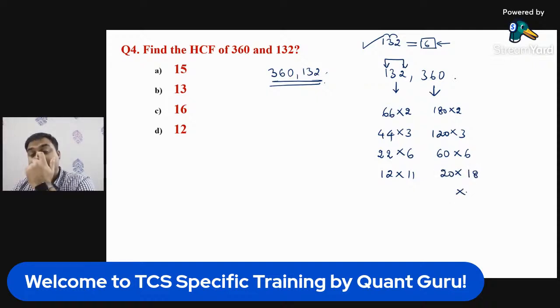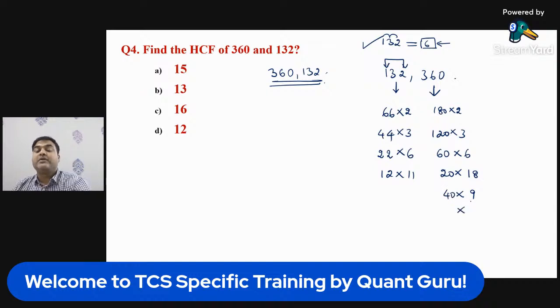Very good. Then it can also be written as 18 into 12. 18 into 20 is fine. We will factorize this again: 18 can be written as 9, and this will become 40.